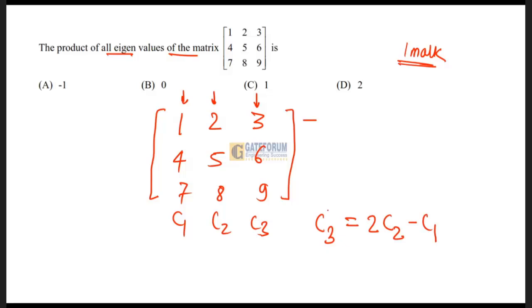For example, in C3 you have 3, so 3 equals 2 into 2, that is 4, minus 1, that is 3. So there is a linear dependence between column 3, column 2 and column 1.